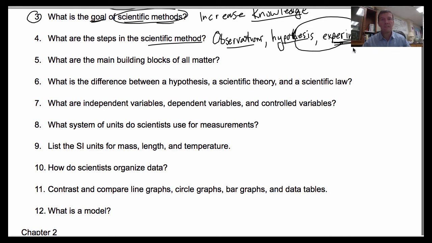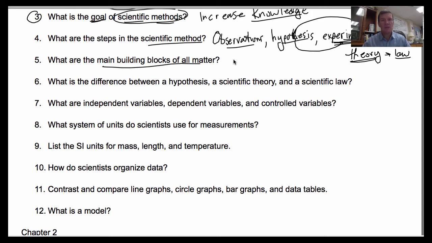That conclusion may lead then to some type of theory, and if that theory is repeatable and there's a pattern and over time it is substantiated, that may lead to some type of law, okay, which is a very supportable and repeatable idea that is going to be supported by many, many, many years of experiments and collection of data.